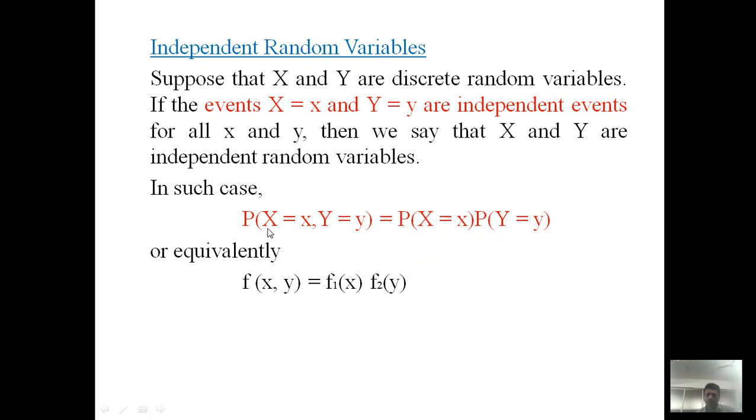So ultimately, either of these two equations is actually the same; it is just a change of notation. If this equation is satisfied, then we say that both the variables X and Y are independent variables.